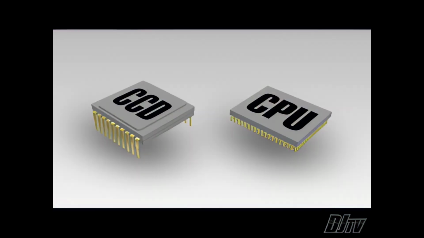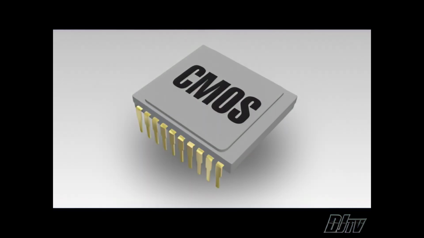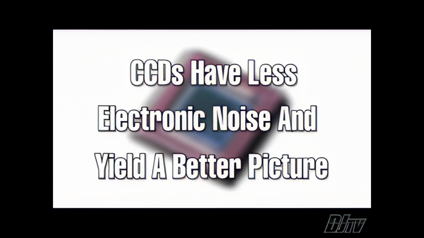Newer and cheaper CMOS technology incorporates the light gathering and processing circuits all on the same chip. Generally speaking, while CMOS chips are more efficient and cheaper to manufacture, CCDs are less electronically noisy and produce better quality images. Image sensors are obviously a lot more complex in the details, and vary in their sensitivity to light and the quality of the images that they produce.